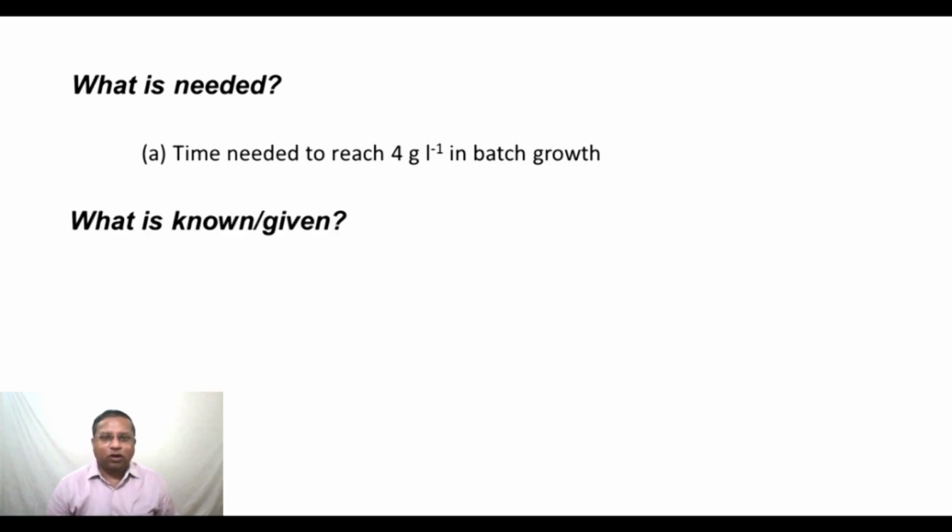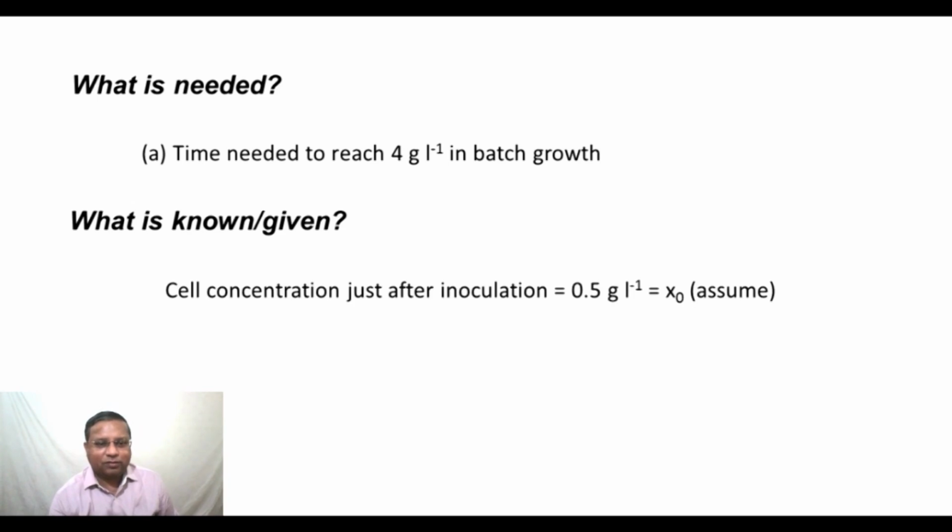What is known or given? The cell concentration just after inoculation is 0.5 gram per liter. Therefore, that can be taken to be x naught. We are assuming that there is not much of a change in cell concentration during the lag phase.